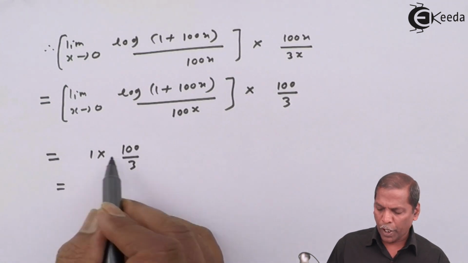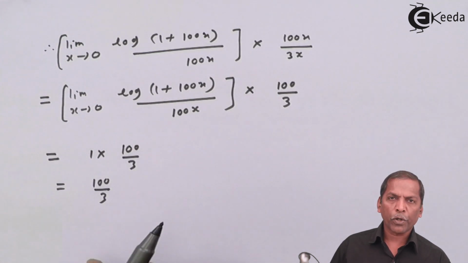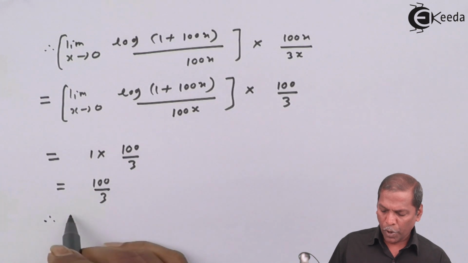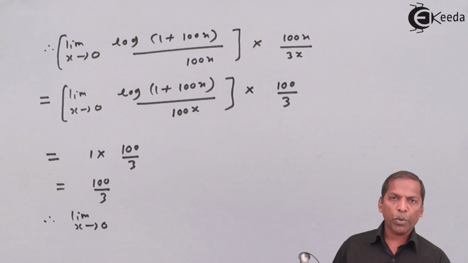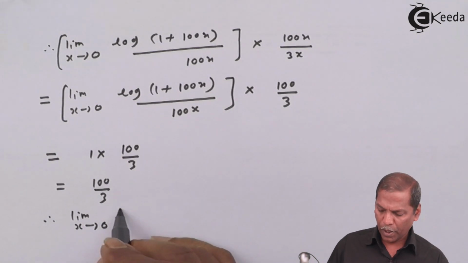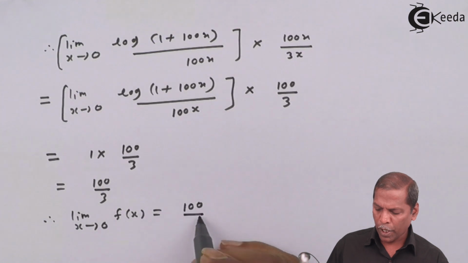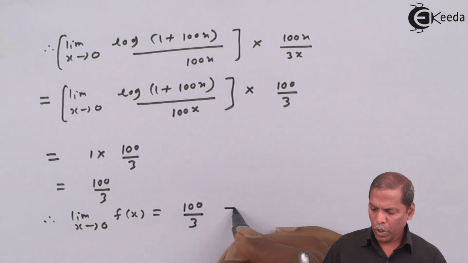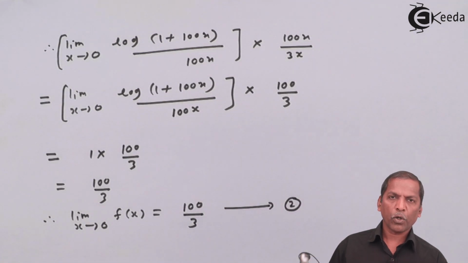So finally 1 into 100 upon 3 gives 100 upon 3. So in this way we get limit x tends to 0 f of x is equal to 100 upon 3. Let us denote this as equation 2.